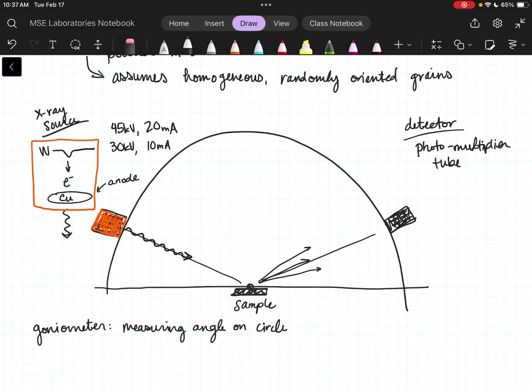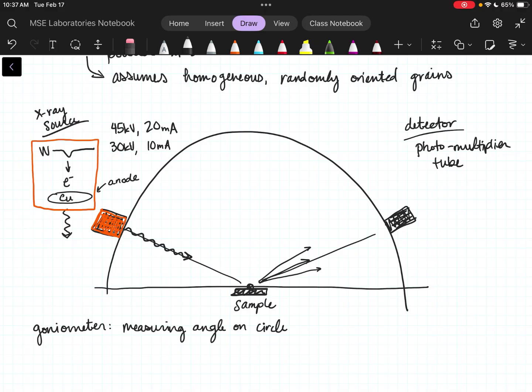Really commonly, this is going to be a photomultiplier tube, which basically amplifies the signal to the point where we can identify when an X-ray hits the detector or not.